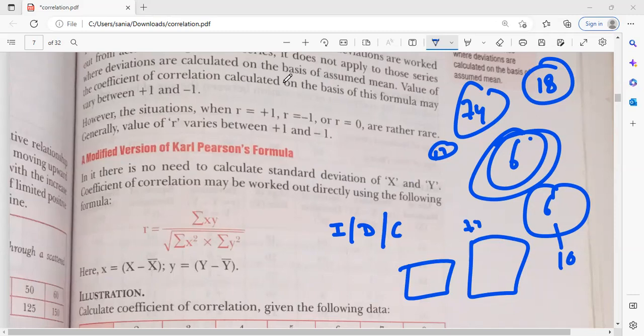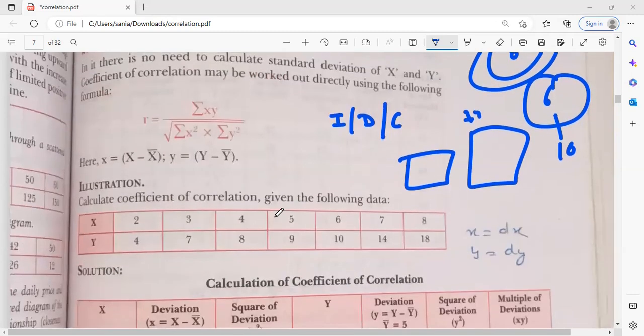Yeah, this one. Okay, done, guys. Written.